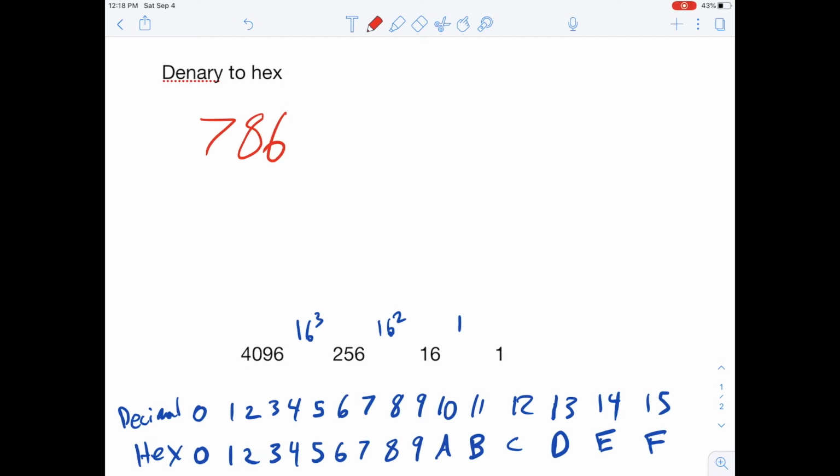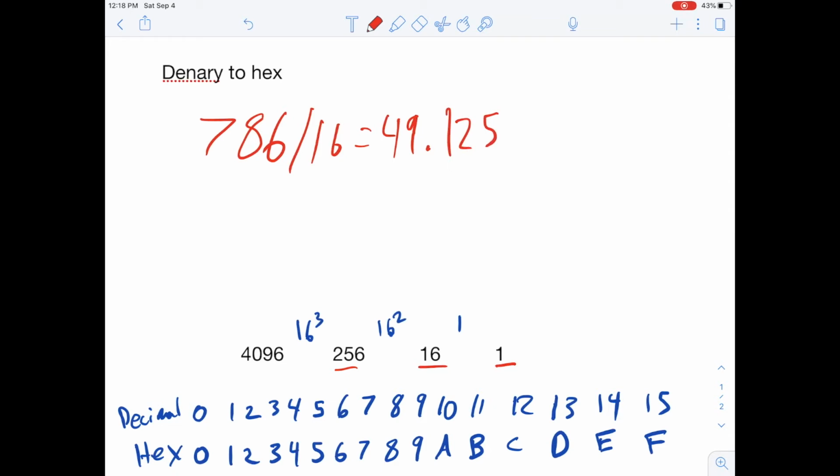Another way to convert denary 786 into hex is to just keep dividing by 16, and then the remainders are going to be the first digit in the ones place, then the digit in the 16th place, and so on like that. So let me show you how that one works. 786 divided by 16, on my calculator, is equal to 49.125.